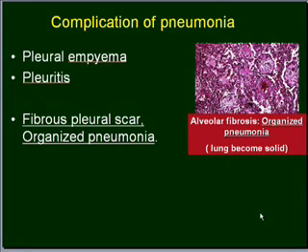So if the complete resolution does not take place, what can happen? The exudate, which is supposedly removed by the macrophages, this process will not take place. So exudate remains in the alveolus, and this exudate in the alveolus undergoes fibrosis.